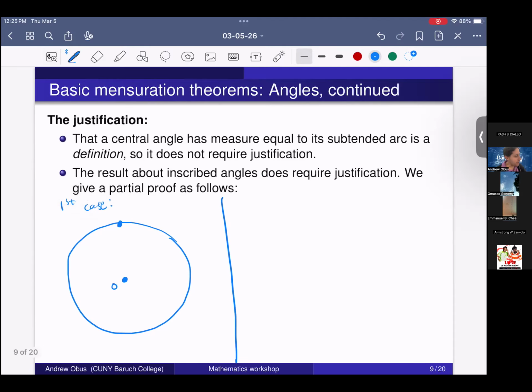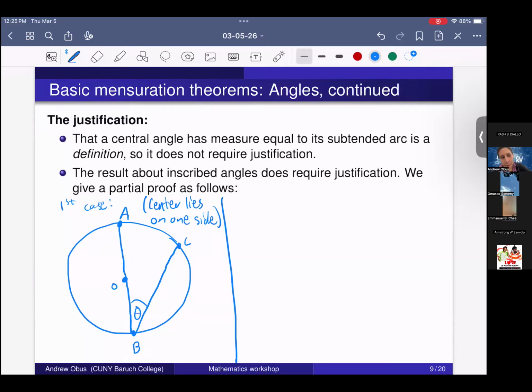So let's say I have A, this is C, and this is B. Let's imagine that the center actually lies along one of the angle sides. So the first case is: center lies on one side. And this is some angle, I'm going to call it theta. We want to figure out this angle theta.